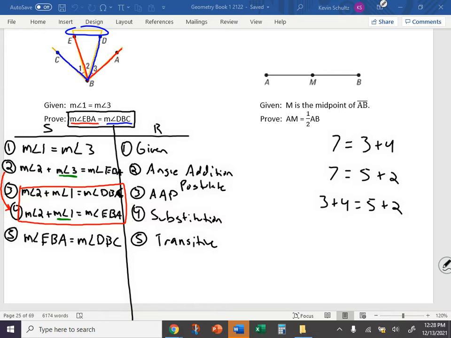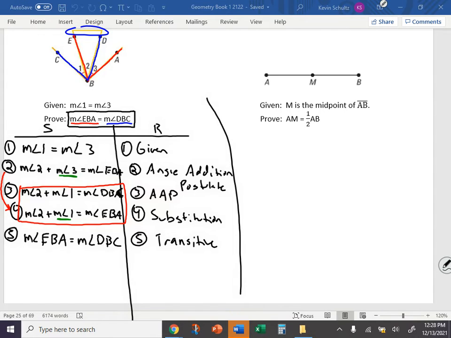Okay, let's look at the one right next to it here. We've got a segment AB, and it says M is the midpoint of segment AB, and we have to prove that AM is half the distance of AB.